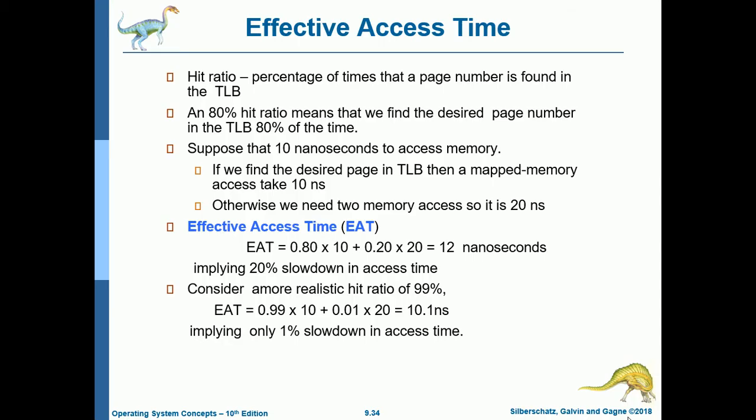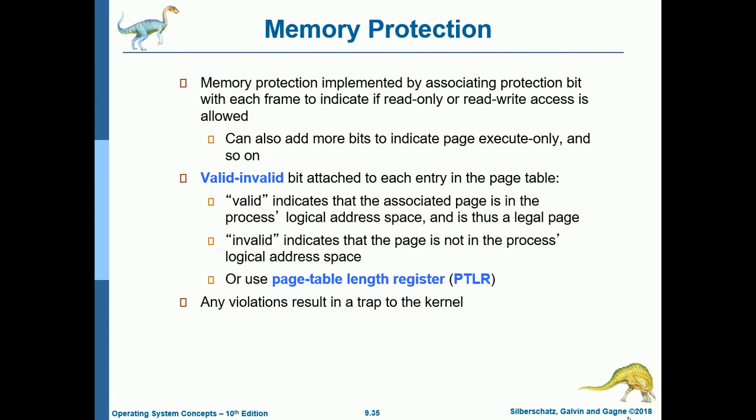Okay, so let's continue. Next we have memory protection. Memory protection is implemented by associating a protection bit with each frame to indicate if read-only or read-write access is allowed. We can also add more bits to indicate page execute only and so on. We have the valid-invalid bit attached to each entry in the page table.